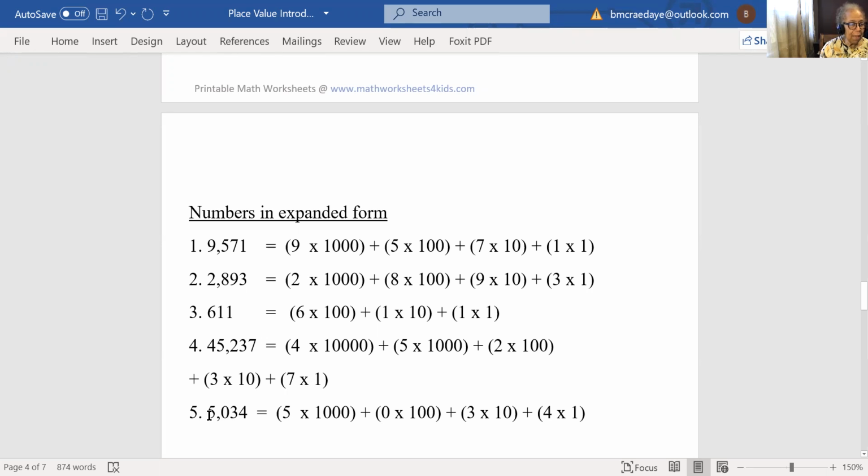And number 5, in words, 5,034. Notice you don't have any hundreds here. So it's 5 times 1,000, and you can put either 0 times 100, or you could just leave it out, because there are no hundreds. 3 times 10 plus 4 times 1.